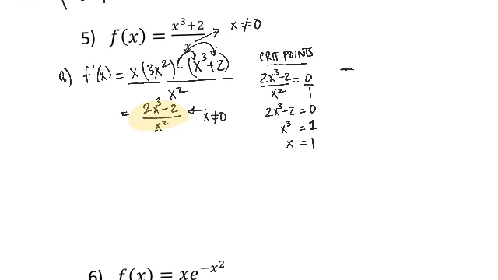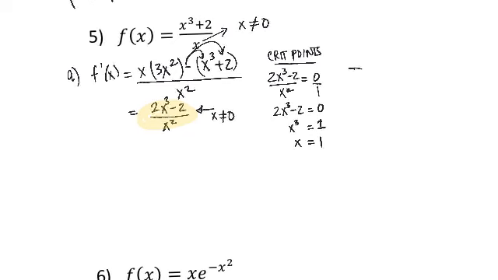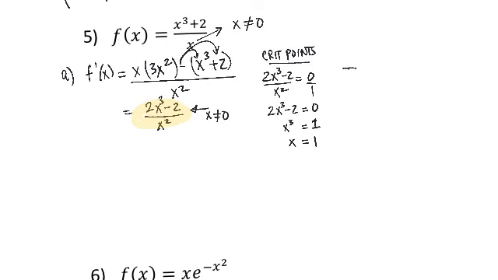Okay, so now we have a sign chart that we can draw, so let's go ahead and do that. To look at the sign of f prime, I put 1, this critical point, on my sign chart, and I test points. I figure out that f prime is positive here and negative here just by plugging back into that equation. And so that means that f is decreasing here and increasing here.